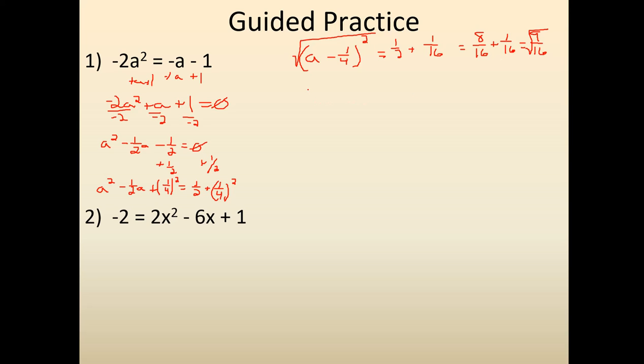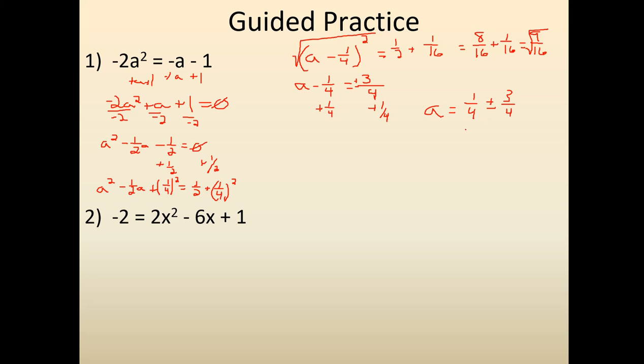And then what I'm going to end up having is a minus 1 over 4 equals the square root of 9 is 3, and the square root of 16 is 4. So I'm going to have 3 over 4, plus or minus. From here, I can add 1/4 to both sides. And I'm going to end up getting a equals 1 over 4 plus or minus 3 over 4.